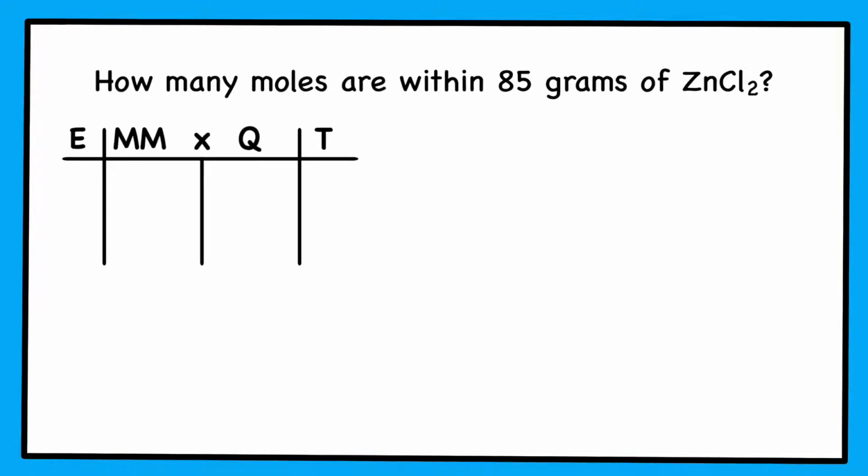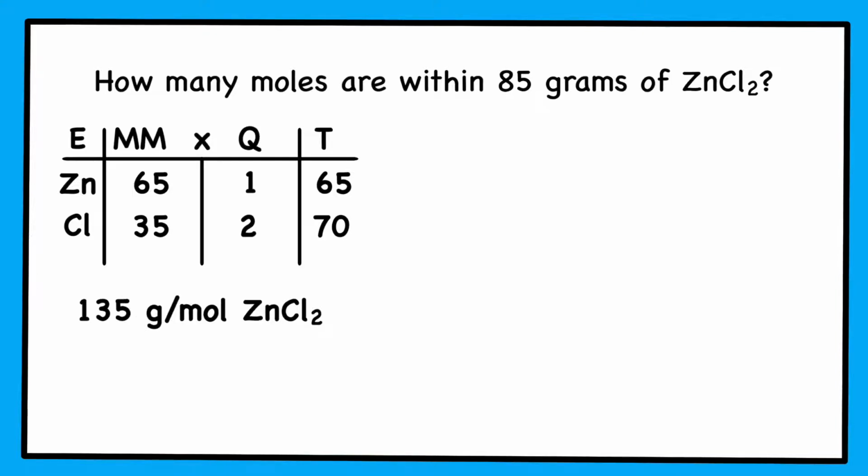Now let's fill out our elements, so zinc, Zn, and chlorine, Cl. Then we add our molar masses, so 65 for zinc and 35 for chlorine. Now we multiply these by their quantity, so 1 for zinc, because there's no subscript behind it, and 2 for chlorine because there's a 2 behind our Cl. This gives me my totals of 65 for zinc and 70 for chlorine. Now we just add these together and we get 135 grams of zinc chloride per 1 mole of zinc chloride.